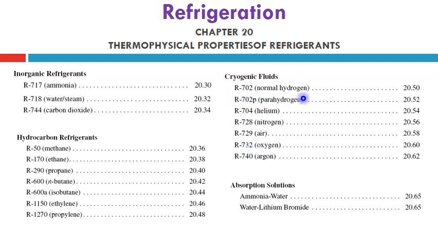R702 normal hydrogen, R702P para hydrogen, R704 helium, R728 nitrogen, R729 air, and R732 oxygen, and finally R740 which is argon.